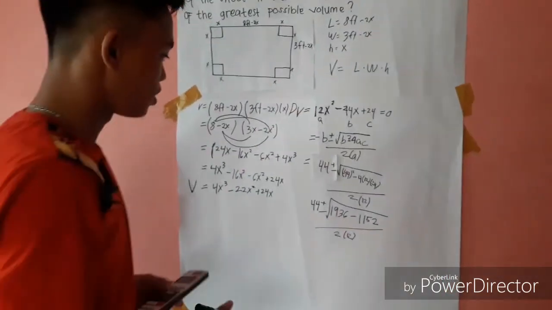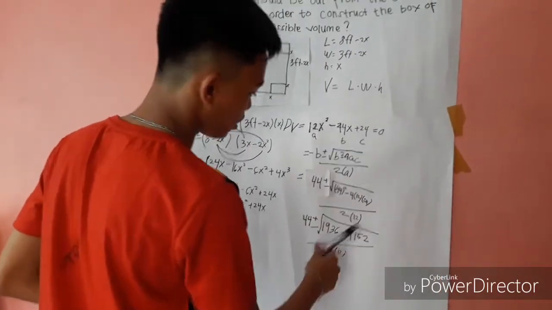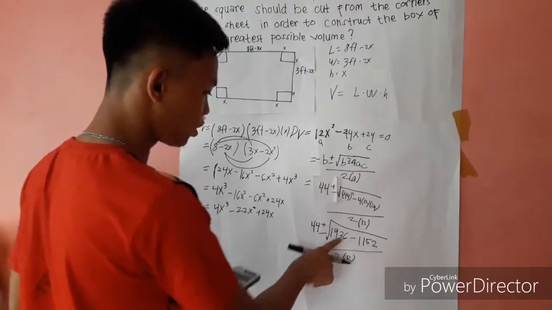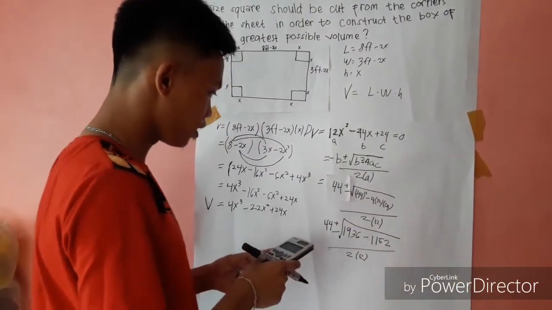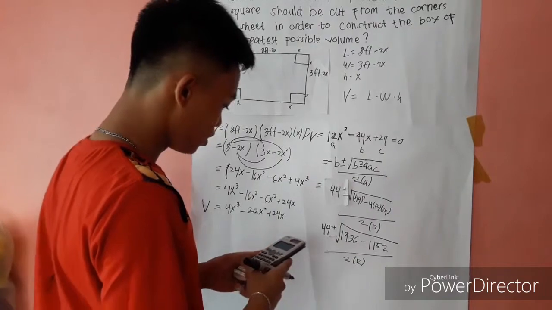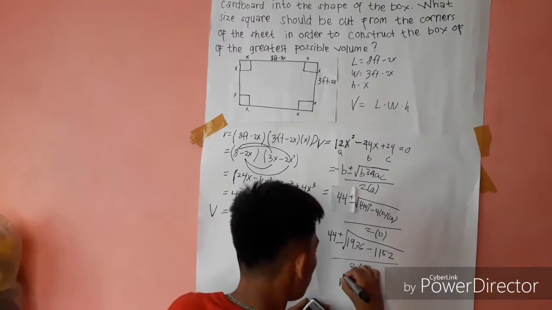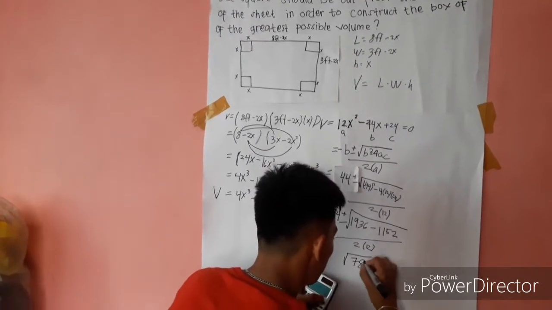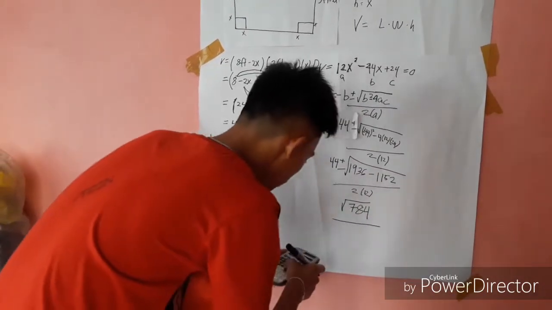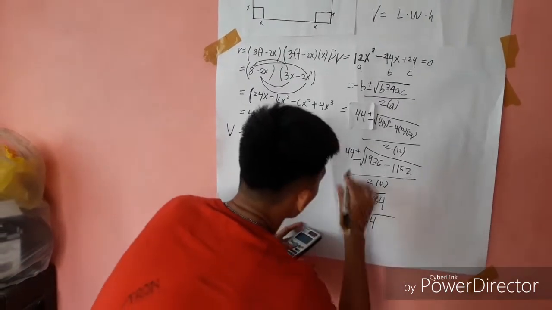And next, we're gonna subtract this and multiply 2 times 12. So first we're gonna subtract: 1936 minus 1152 is equal to 784. So copy the square root of 784 all over, 2 times 12 is equal to 24, and copy 44 and plus minus.